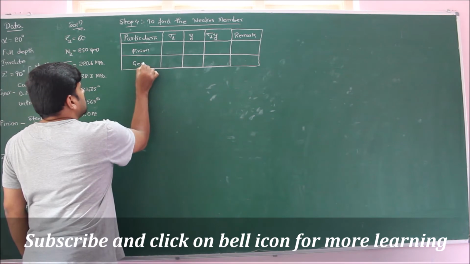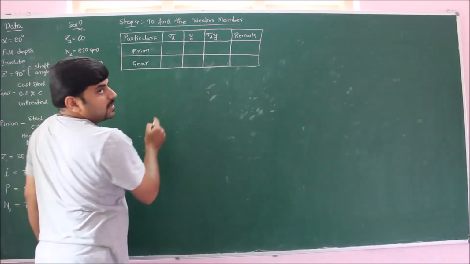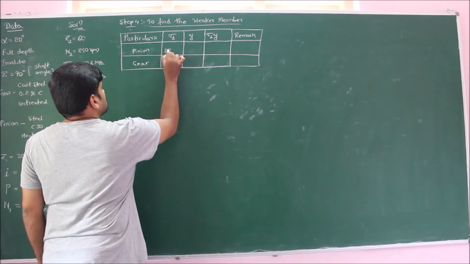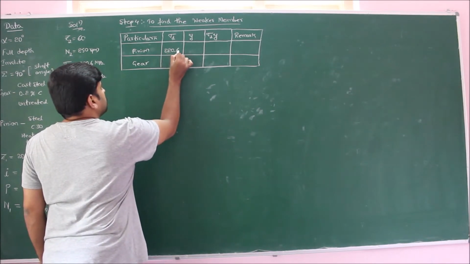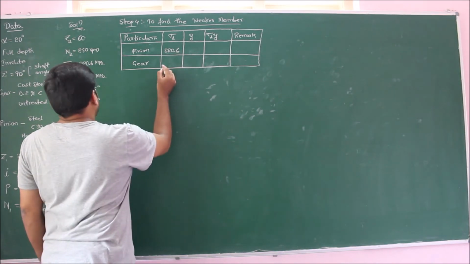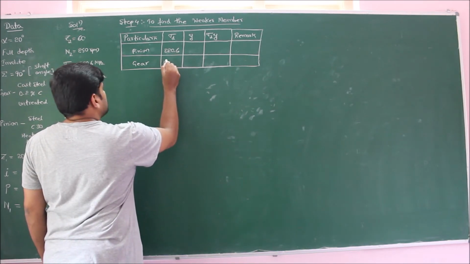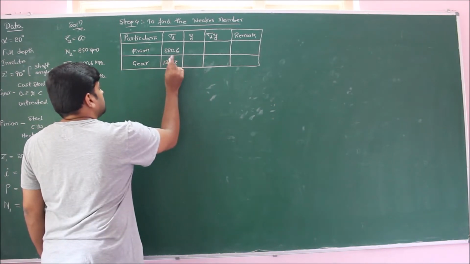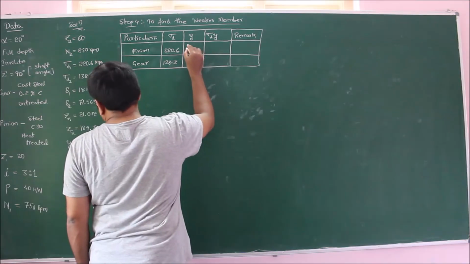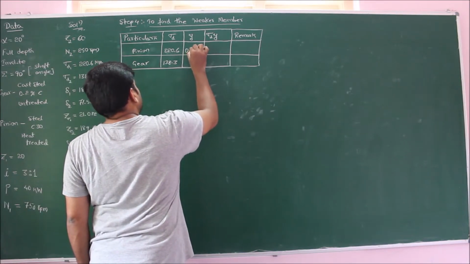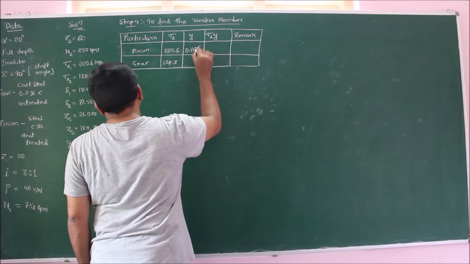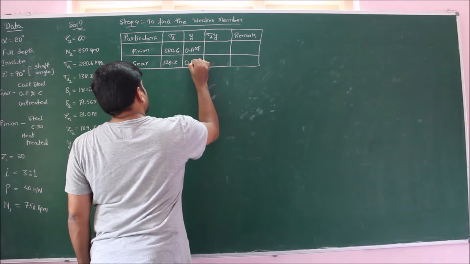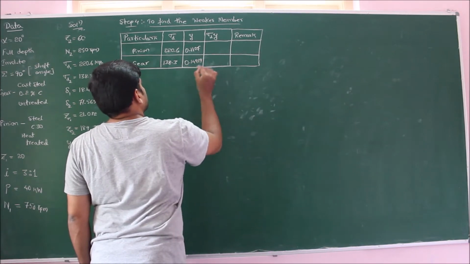pinion and gear. The allowable static stress of pinion is 220.6, which is obtained from table 12.7, and allowable static stress of gear is 138.3. Coming for the Lewis form factors, for pinion we have 0.1107 and for gear it is 0.14919.